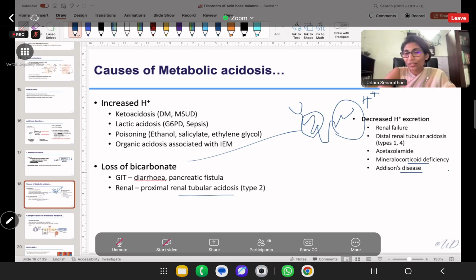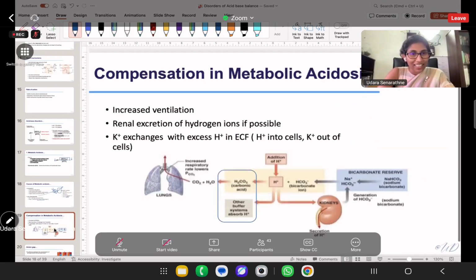That is because your H plus excretion is linked with the action of the cortisol and the action of the mineralocorticoids on renal tubules. So that you need to look at. We don't have enough time to discuss everything. What is the mechanism? You need to look at that.